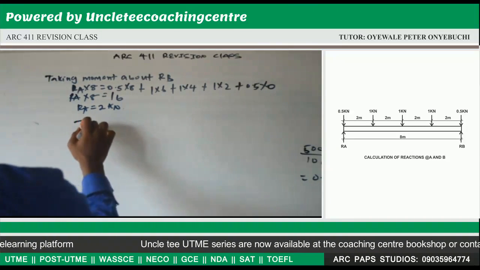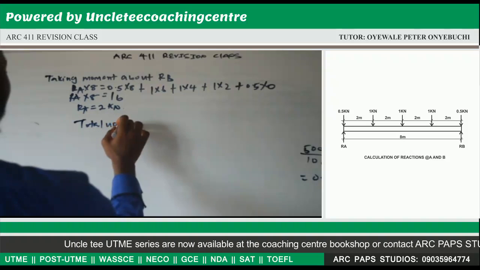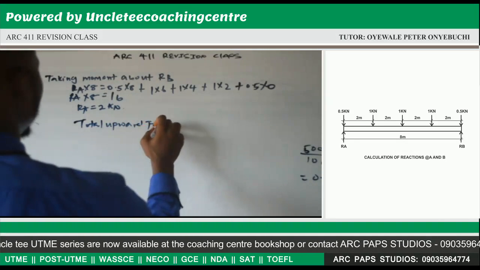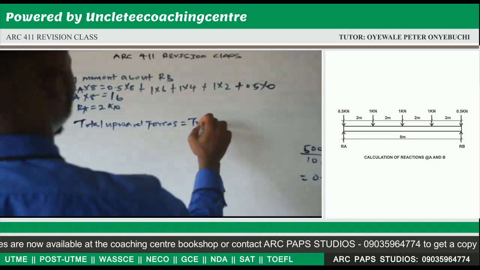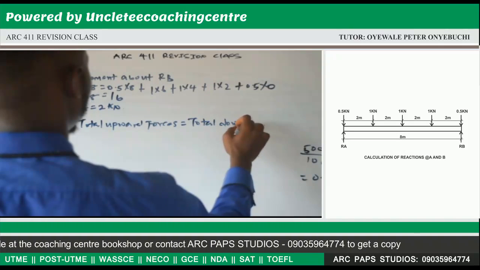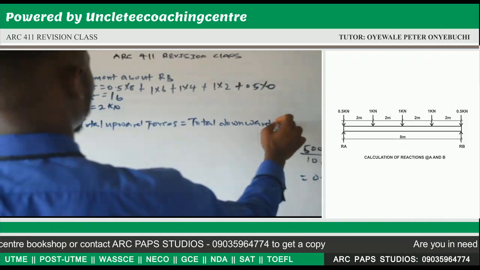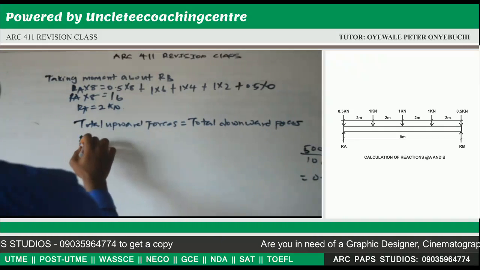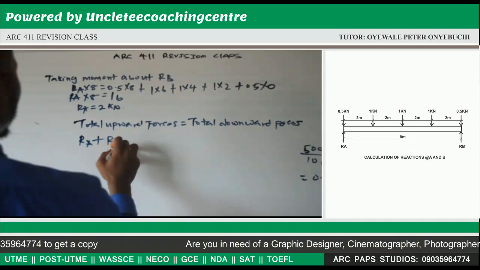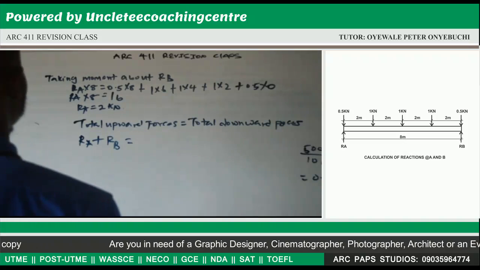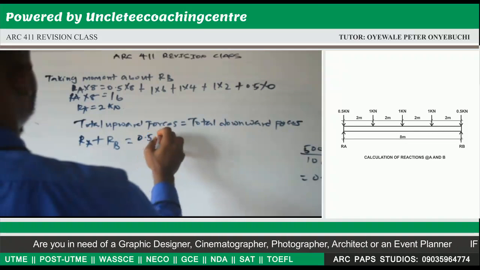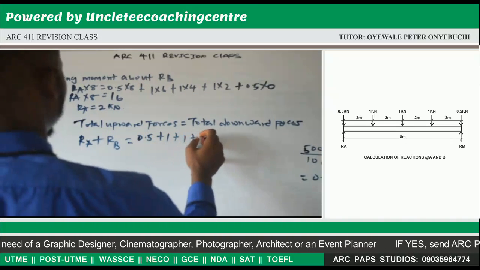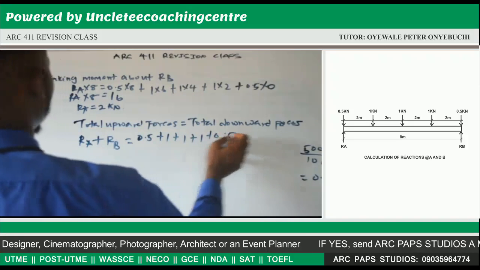Now, since total upward forces is equal to total downward forces, our total upward forces is RA plus RB is equal to our total downward forces 0.5 plus 1 plus 1 plus 1 plus 0.5.